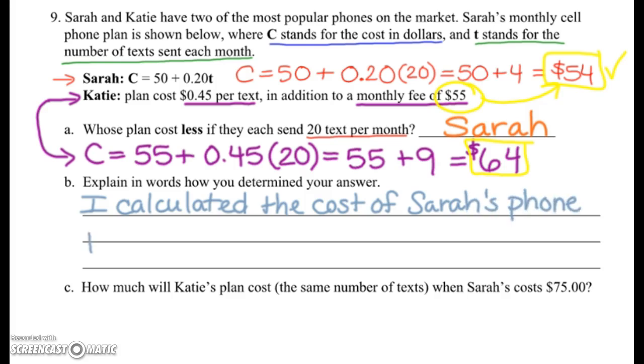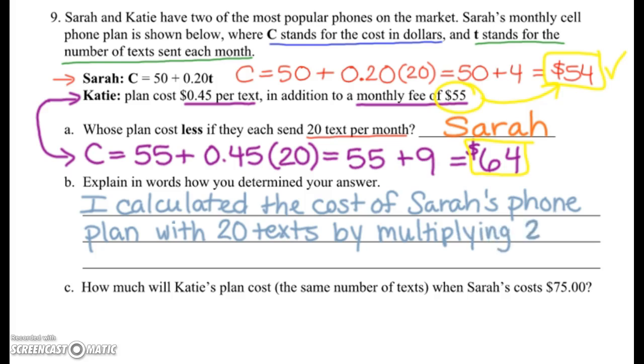As long as you show the calculations and back it up with some words, such as what operations you used, which steps you took, and what you've substituted in for T, you'll be good. Good to go.